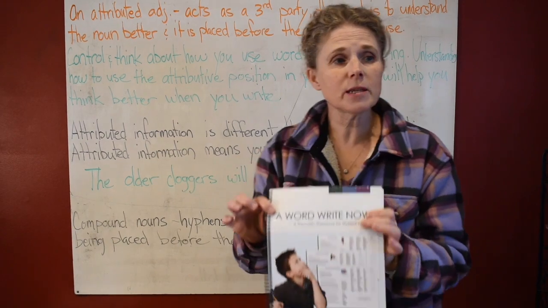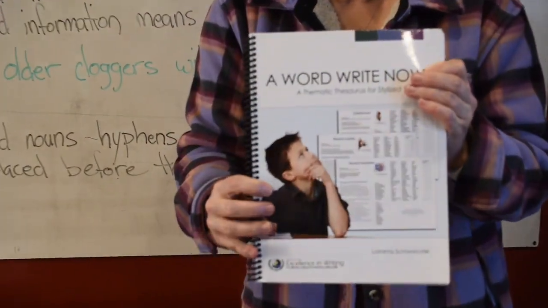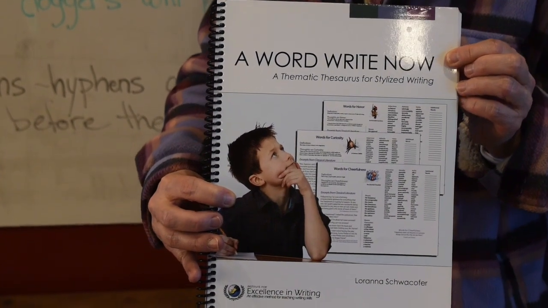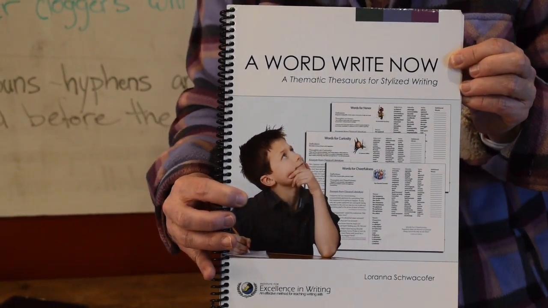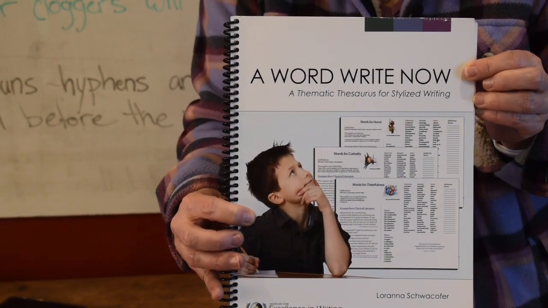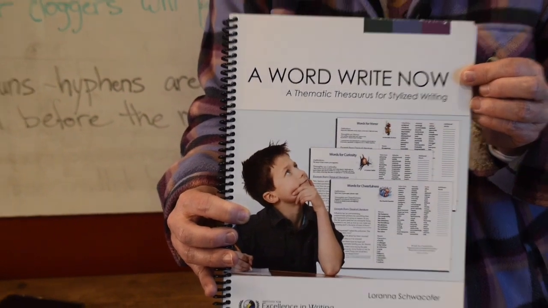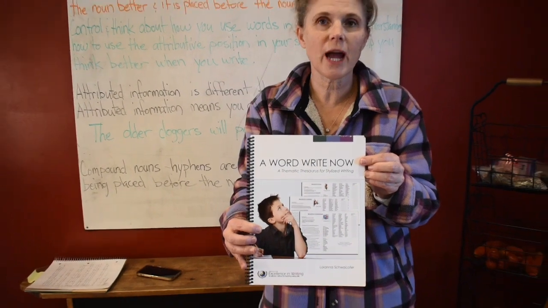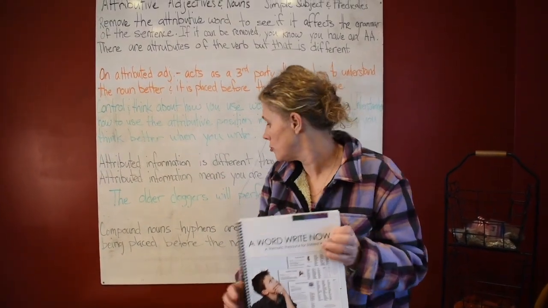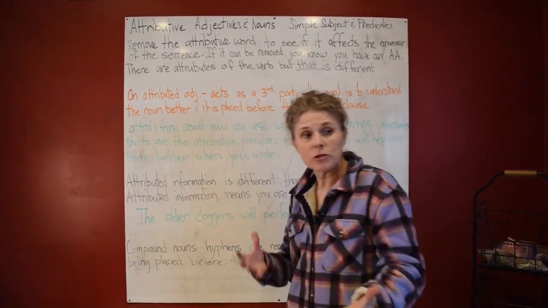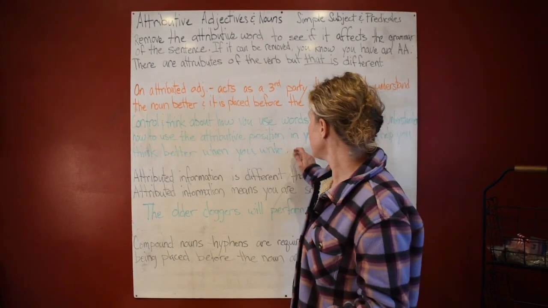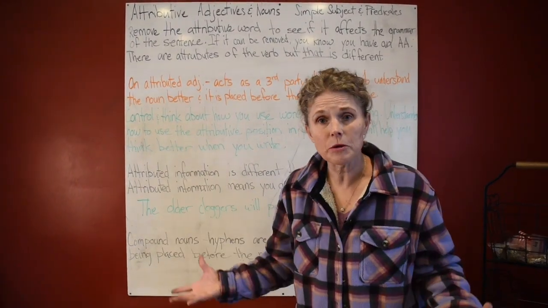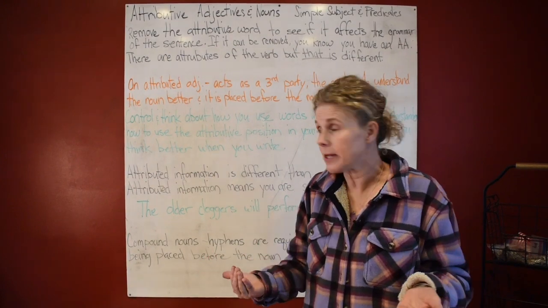So get something that helps you think about what you're going to use in the attributive position of an adjective, because it's really important that you use the decorative words. You want to add quality to your noun because it makes you think outside the box, and it helps people enjoy your writing more.